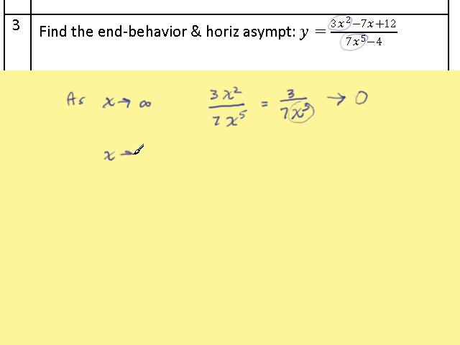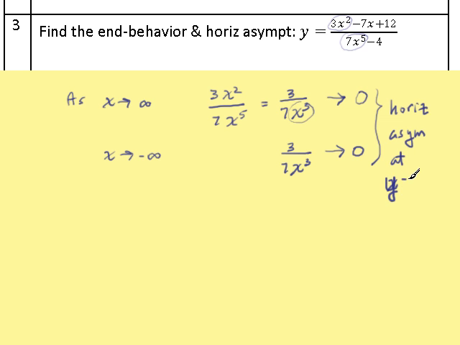And we have the same thing happening as x goes to minus infinity. So we do have a horizontal asymptote at y equals 0.